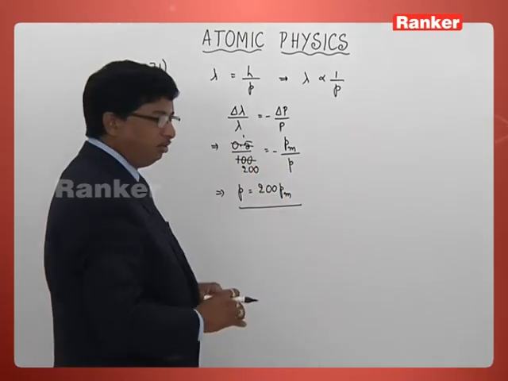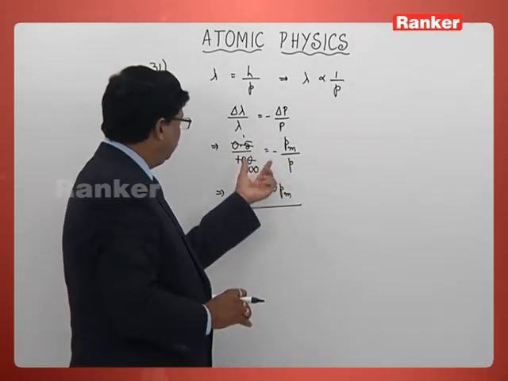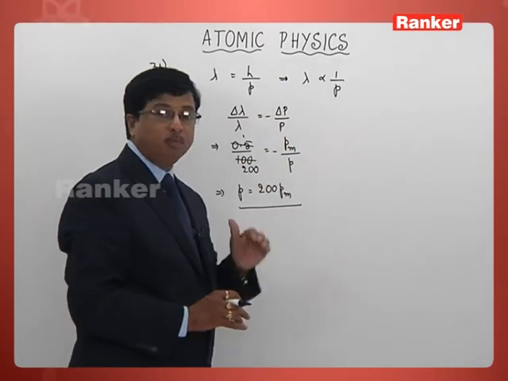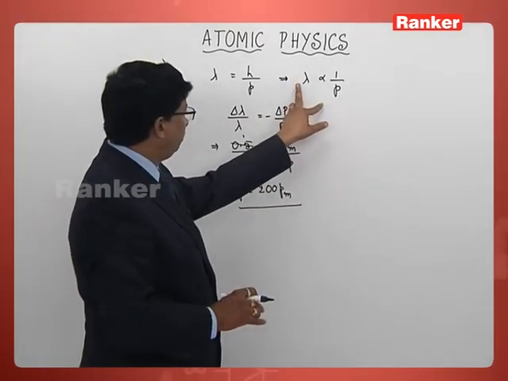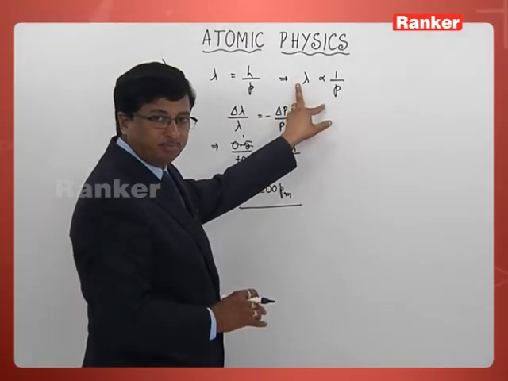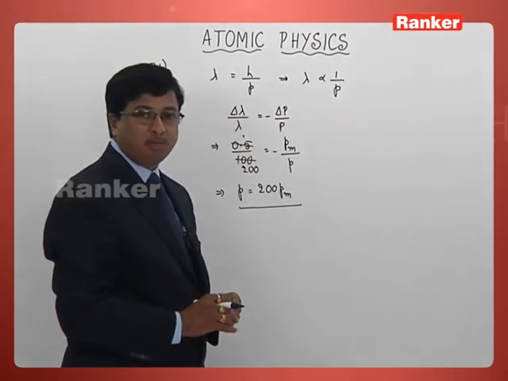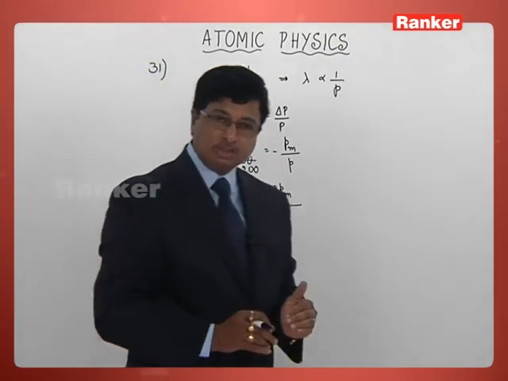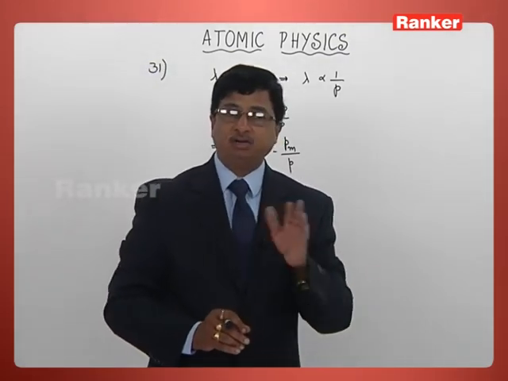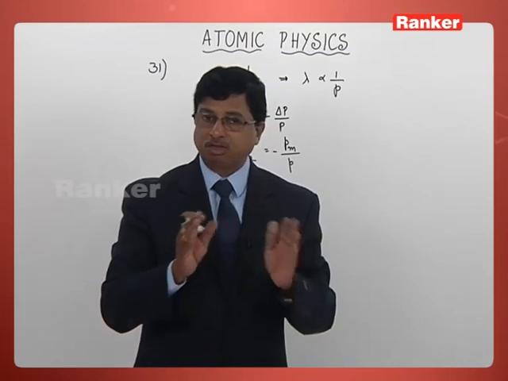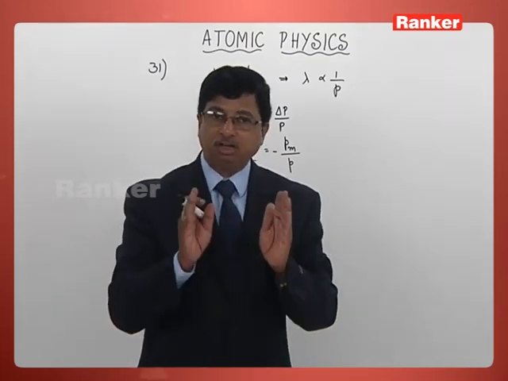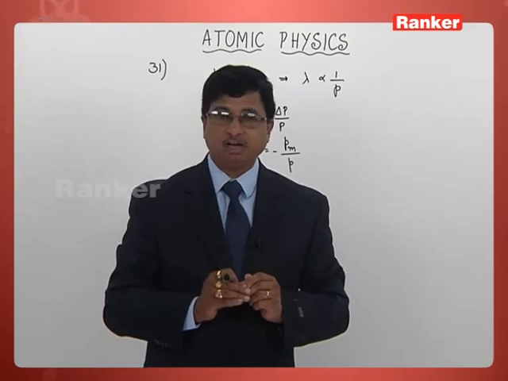So what is the relation between lambda and p? First you estimate from this equation. Then you write delta lambda by lambda is negative of delta p by p. That negative sign tells you that when one increases, the other one decreases. That means the relation between them is an inverse relation. That is a point you have to understand.